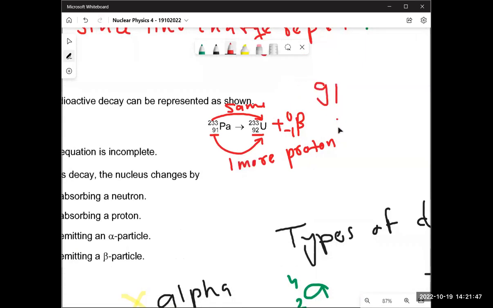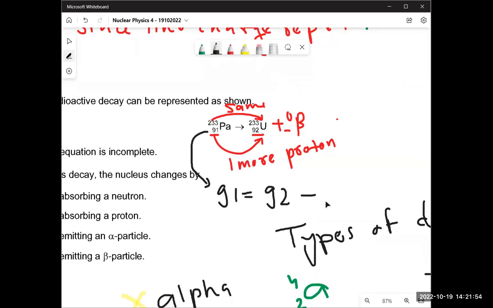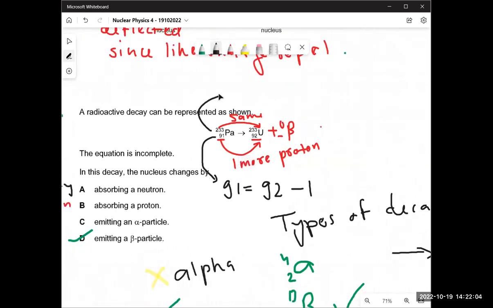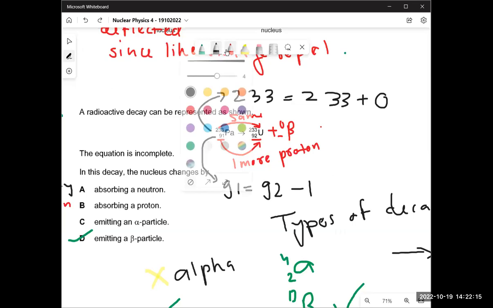Look, this is the equation we get. For the bottom, 92 minus 1, so I'll get 91. So my equation is correct. And on the top, 233 equals 233 plus 0. So again, the equation is correct. The only option I have is beta negative, 0 minus 1.